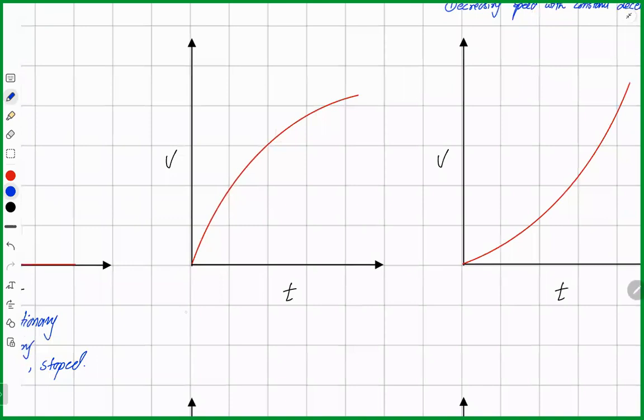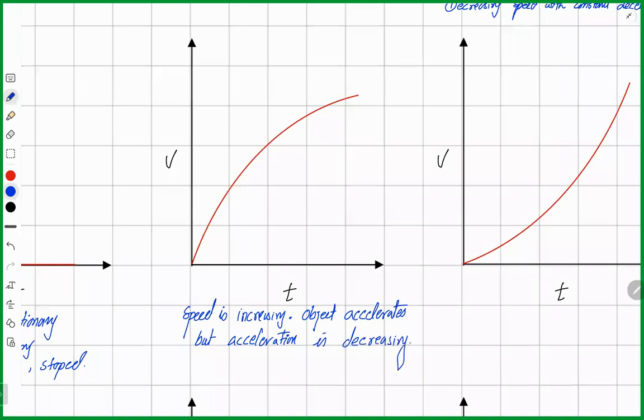So speed is increasing, the object accelerates, but acceleration is decreasing.